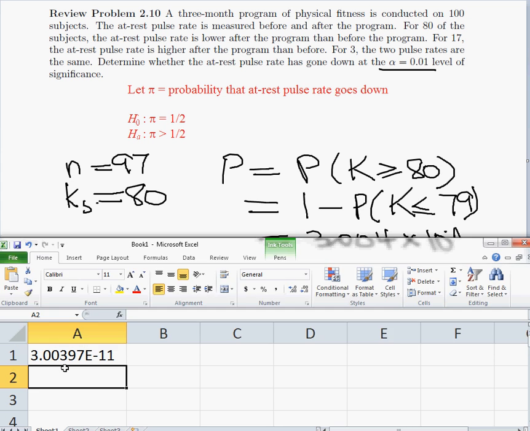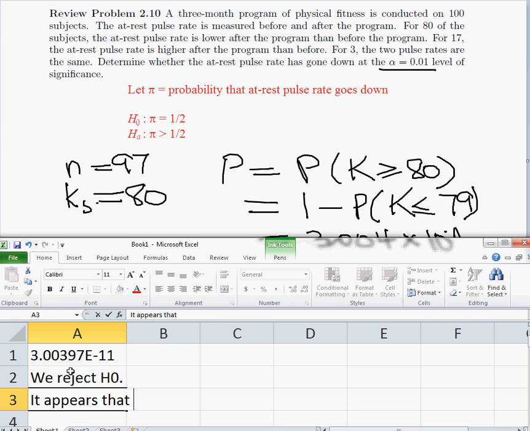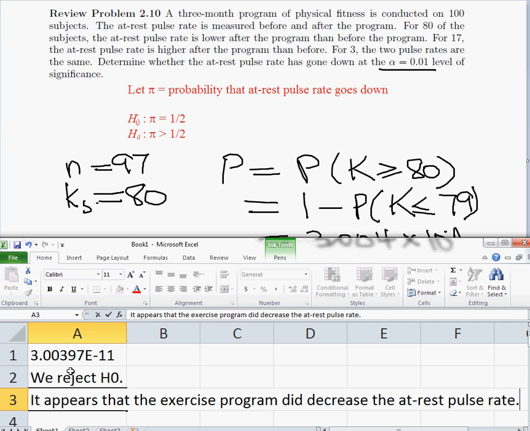And so the conclusion is that we reject the null hypothesis. It appears that the exercise program did decrease the at-rest pulse rate. Okay, so this is an example of hypothesis testing using the binomial distribution.